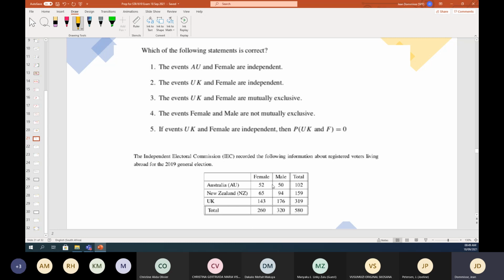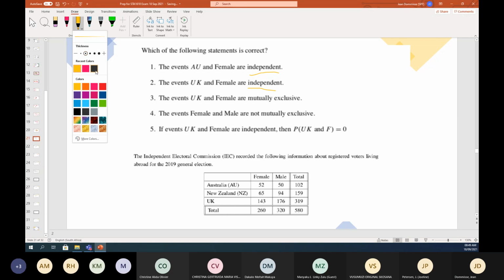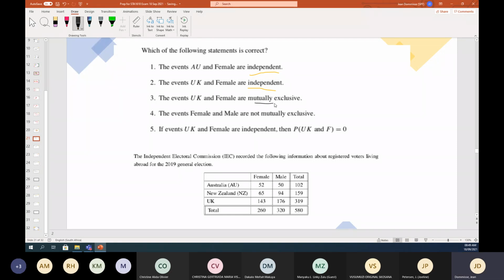So now they are asking us a few questions around that. So what we're now asking is questions about independence, and then questions about mutual exclusivity.